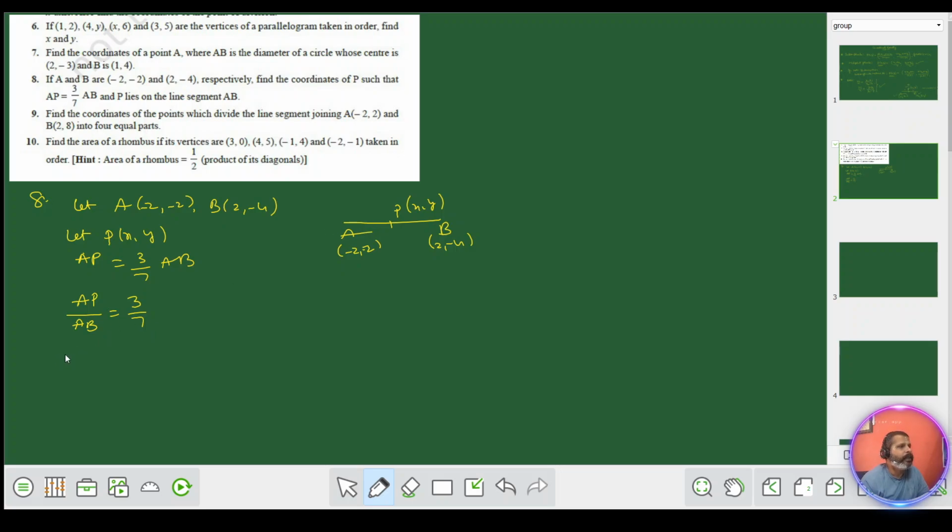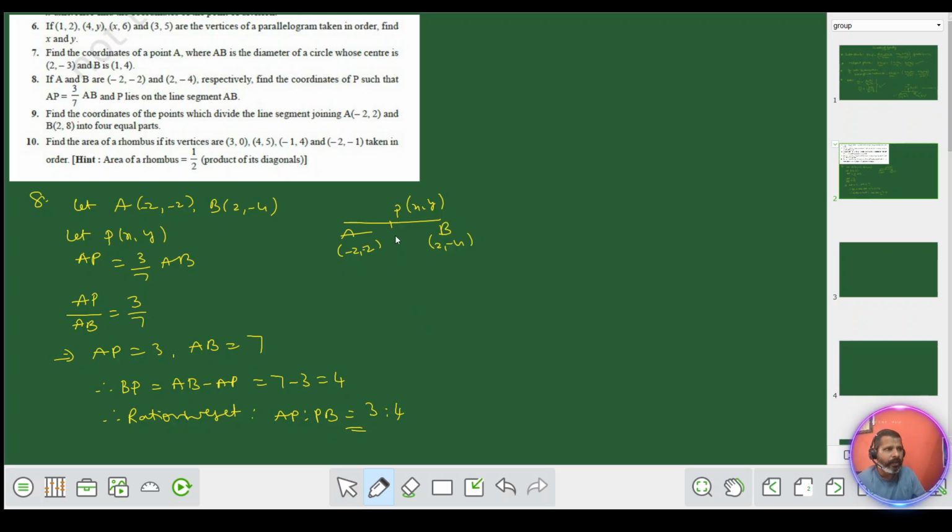That means AP is equal to 3 times, AB equal to 7 times. What we know, BP we want. BP is equal to how much? AB minus AP, right? That is 7 minus 3 equal to 4. So what is the ratio we get? Therefore, to apply the formula, the ratio we get is AP is to PB is 3 is to 4.